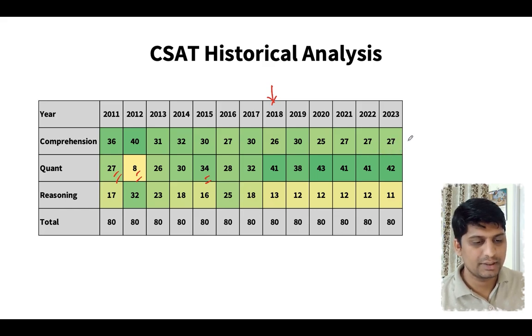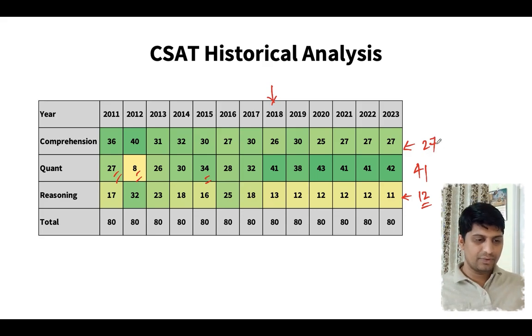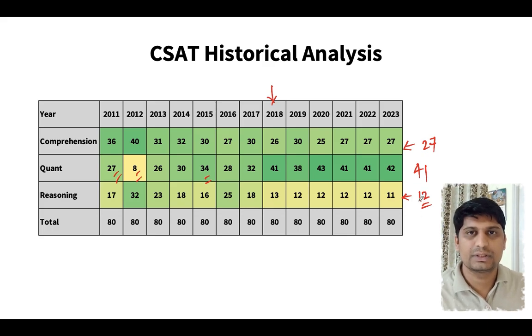Comprehension they have settled on 27, quant they have settled on 41, 42, so let's say 41. And in reasoning, it has been 11, 12, so let's assume it's 12. So basically 27 questions you are getting from comprehension, 41 questions from quantitative aptitude, and 12 questions from reasoning, and that makes up your 80 questions.